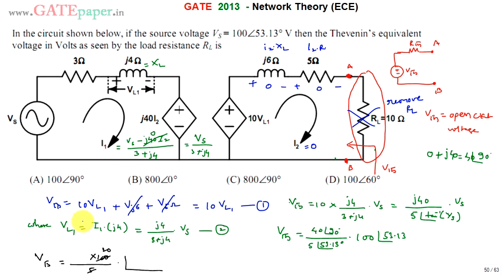Then plus 90 plus 53.13, which is related to the source, and the 53.13 in the denominator comes to the numerator as minus, so they cancel. You get 40 into 20, which is 800, with angle 90 degrees. So Thevenin's voltage is 800 angle 90 degrees. The right answer for this question is C.